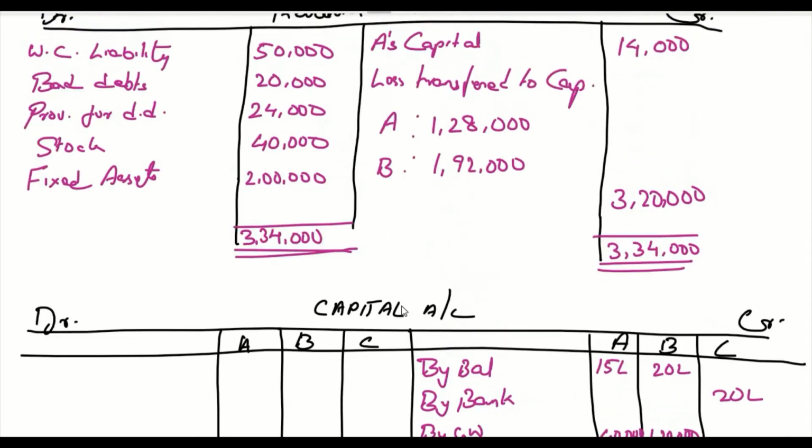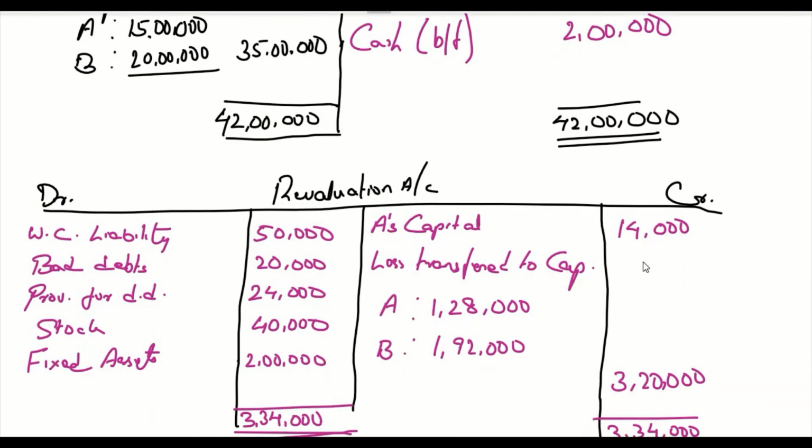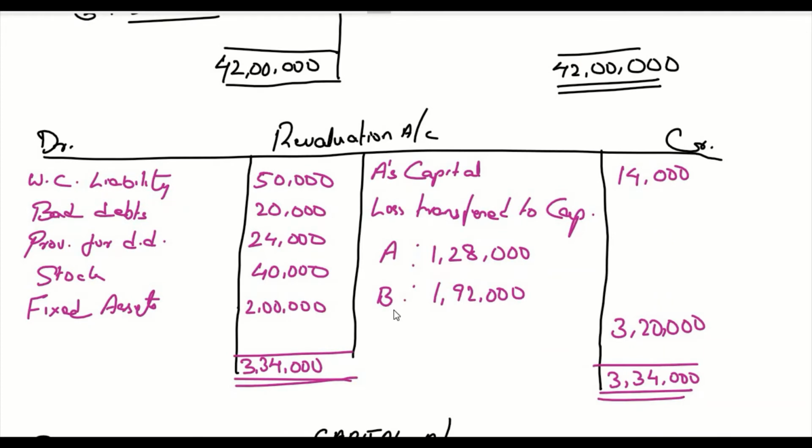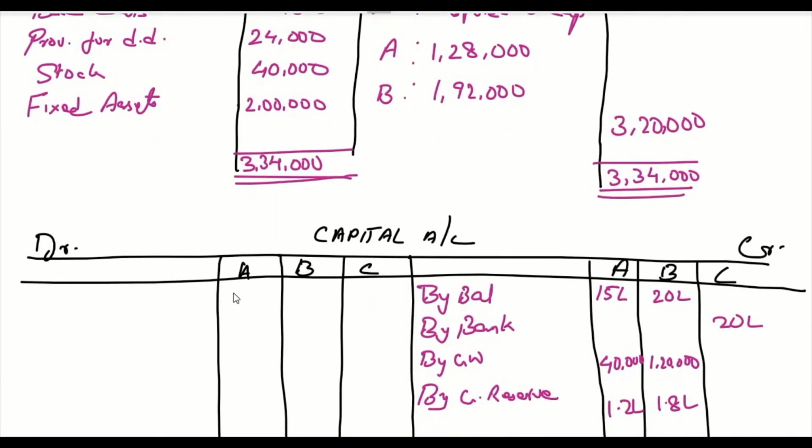Then the revaluation account, A's capital, there is 14,000, and the revaluation loss transferred to A's and B's capital, 1,28,000 and 1,92,000. So the first revaluation is on that 14,000. The second revaluation is loss transferred. That is 1.28 lakhs and 1.92 lakhs.